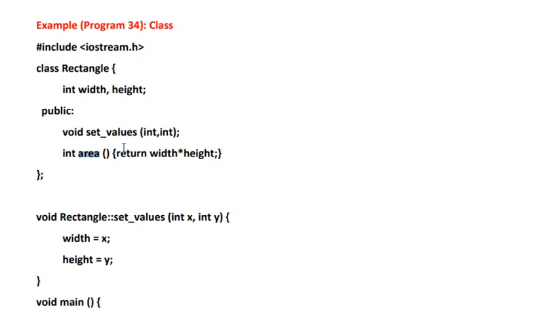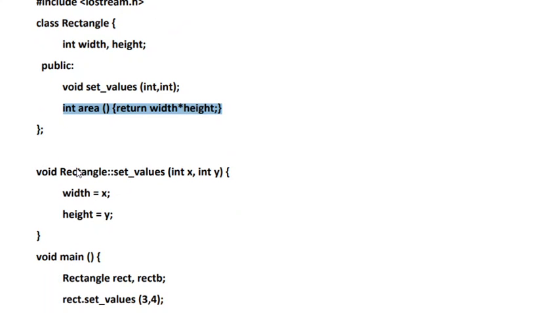Okay, so just see here, integer area, this particular function is defined inside the class. The definition is that it returns the product of width and height, and set value is a function that takes in two integer parameters and returns void, but it's defined outside the class.